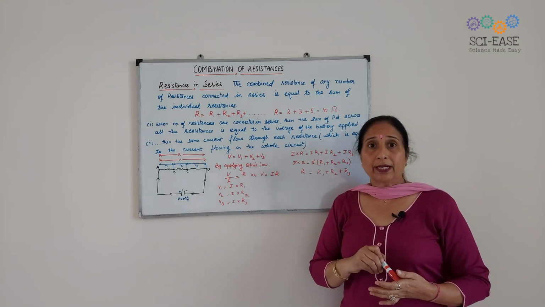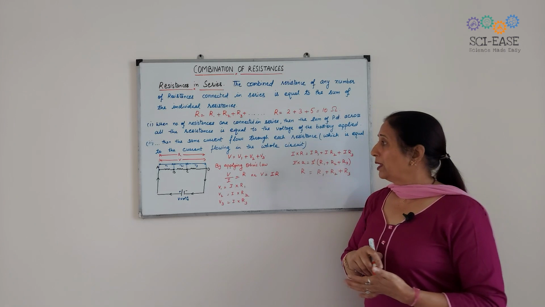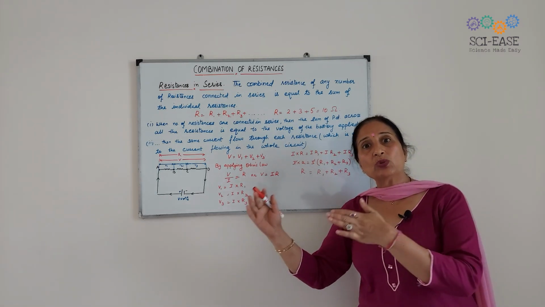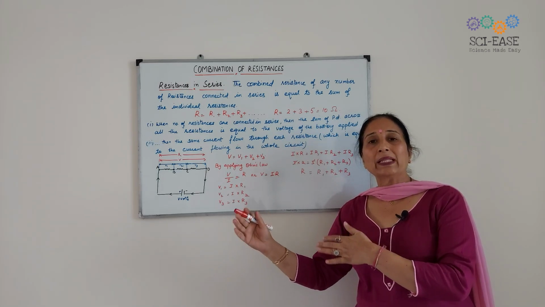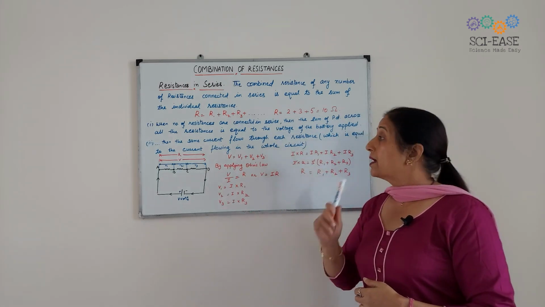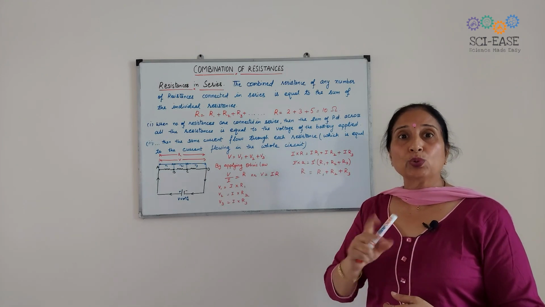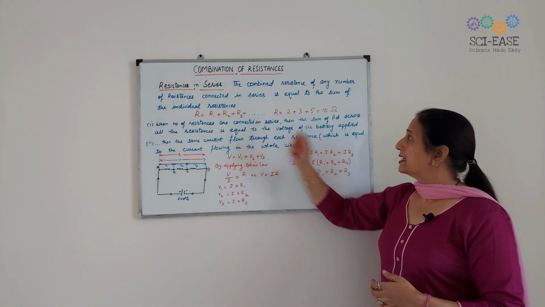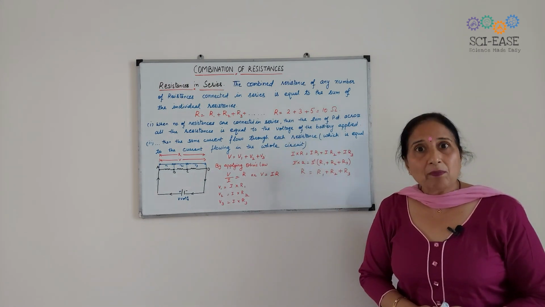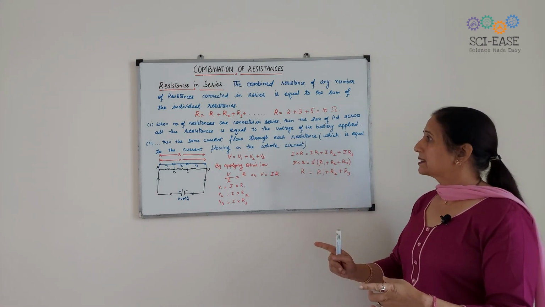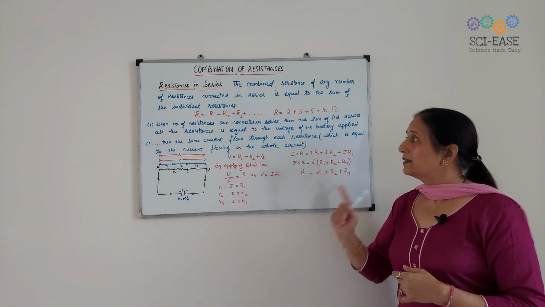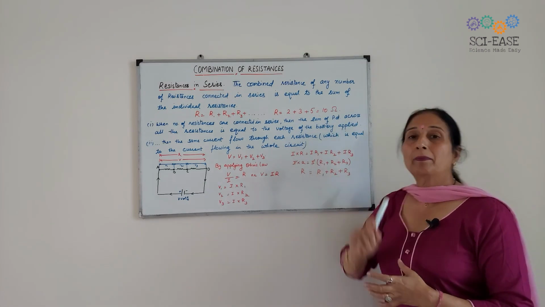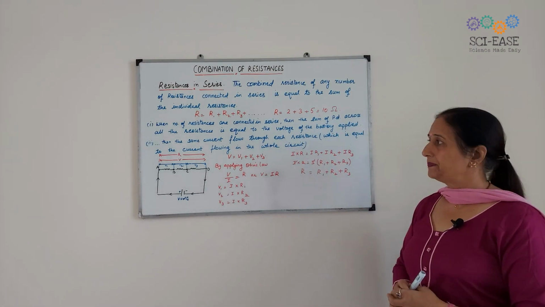One thing I want to tell you: before calculating the resultant resistance from the individual resistances connected in series, we should keep in mind two things. When a number of resistances are connected in series, the sum of the potential differences across all the resistances is equal to the voltage of the battery applied.